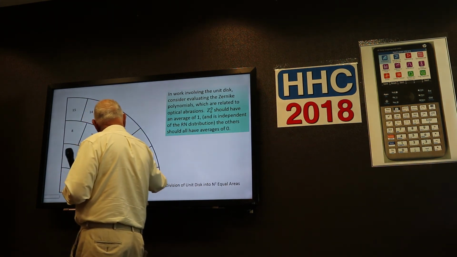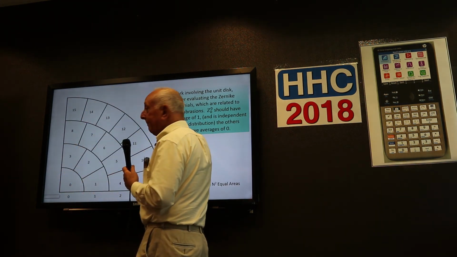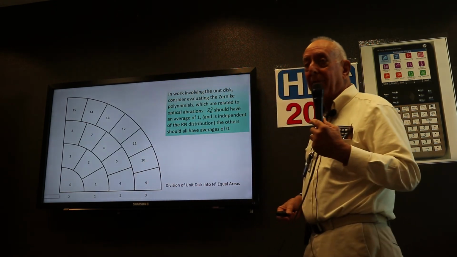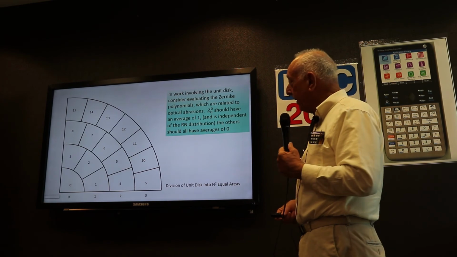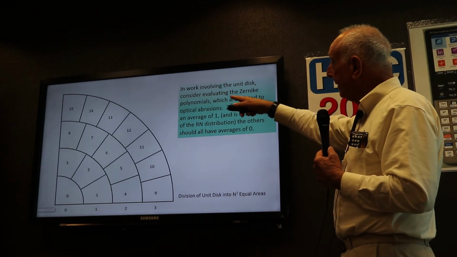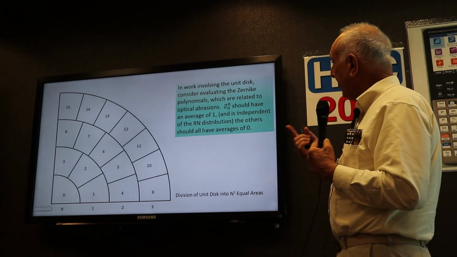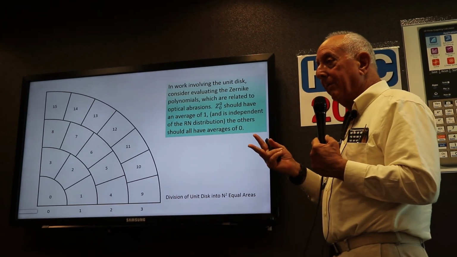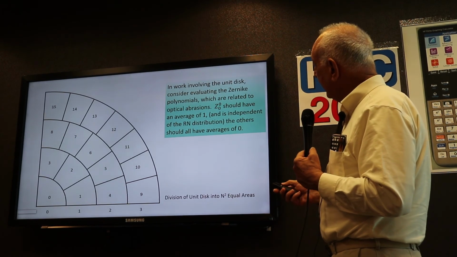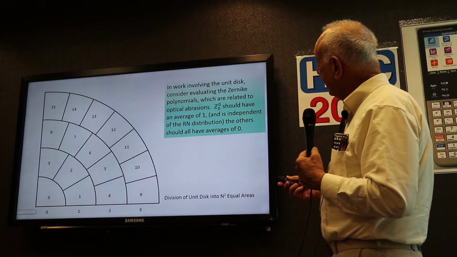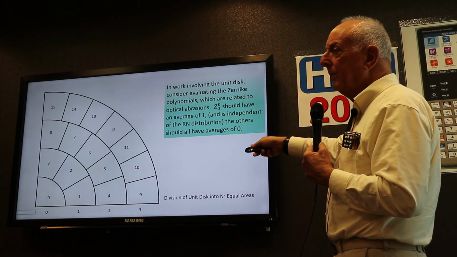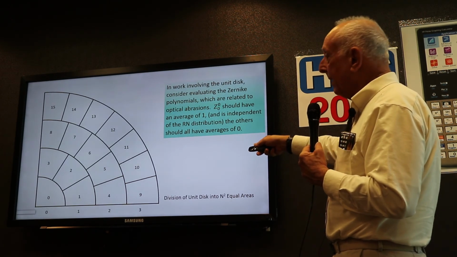The next zone out would have 9. It's a sum of the odd numbers. The sum of the odd numbers, of course, is a perfect square. So it turns out it's easy to calculate the bin number from the two random numbers. And let's see, I got up to 9 zones.